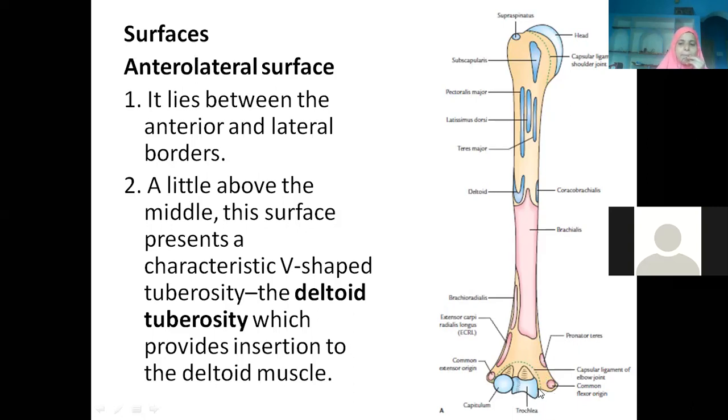This is the medial epicondyle. It gives origin to all flexor muscles. Flexors are towards the palm, whatever we have are flexors. Behind, whatever we have are extensors. From the lateral epicondyle, we have all extensors coming. We call it the common extensor origin. This is the common flexor origin and this is the common extensor origin.